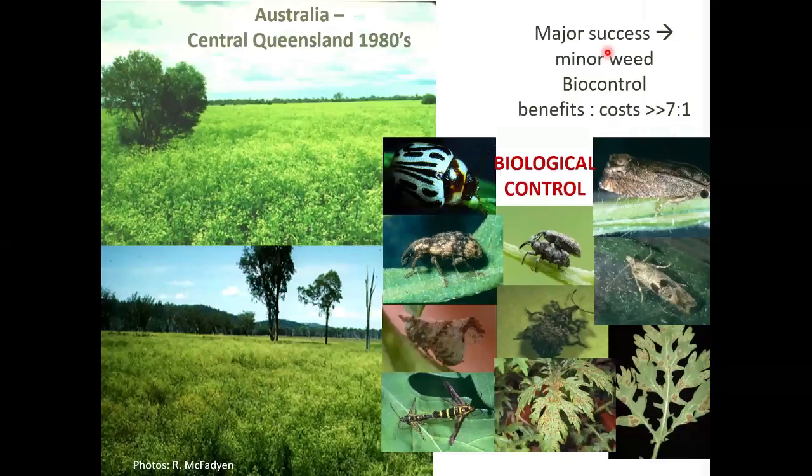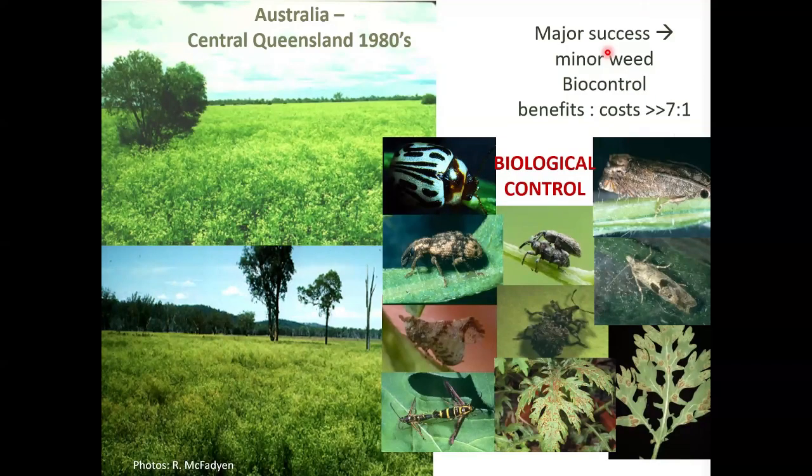So it's always developing. With Parthenium, this was actually a major problem in central Queensland in the 1980s. In Australia, really dense infestations like we see in a lot of Africa. And they had a very successful biological control program. They introduced 11 natural enemies.